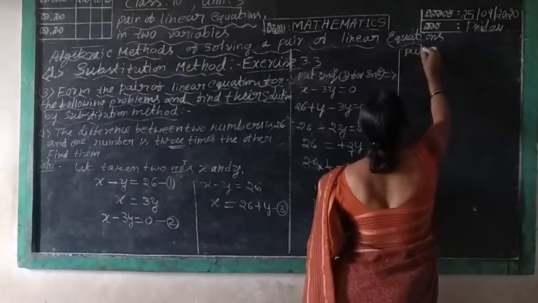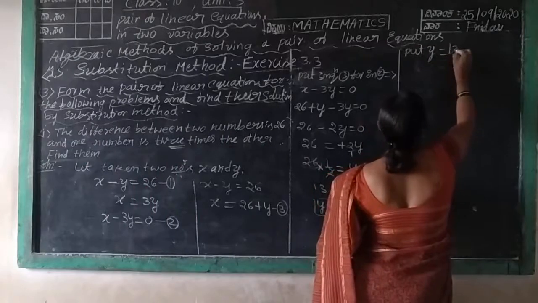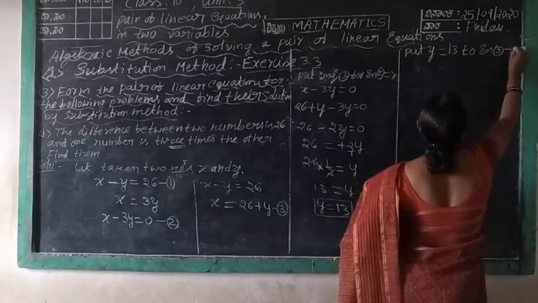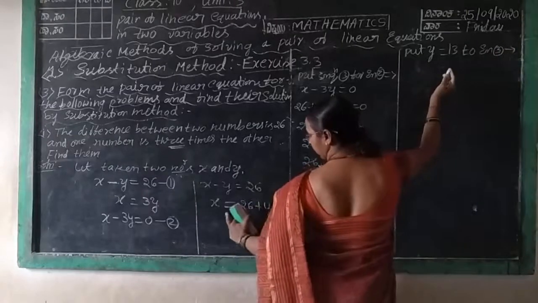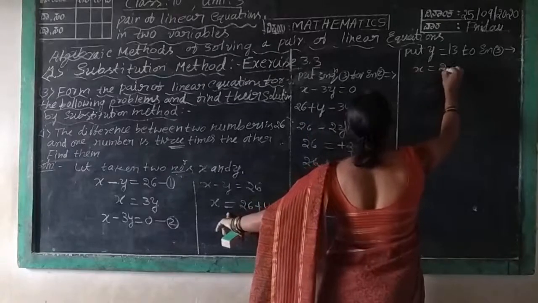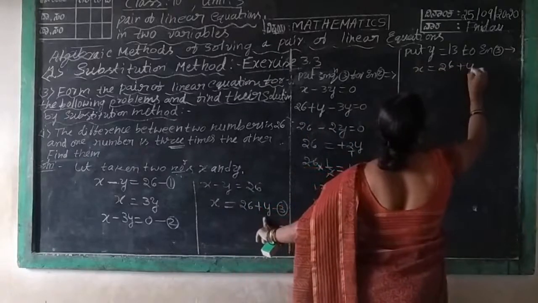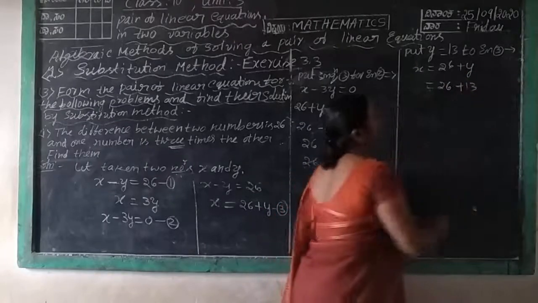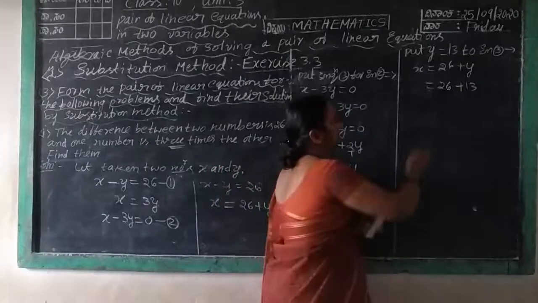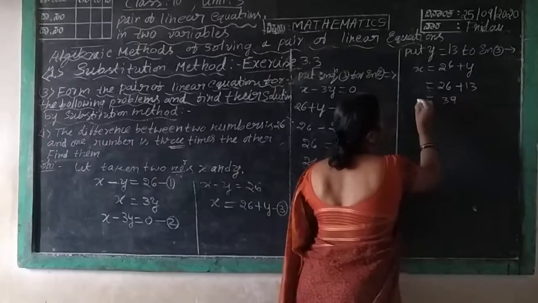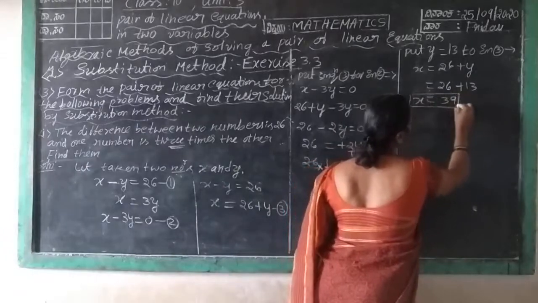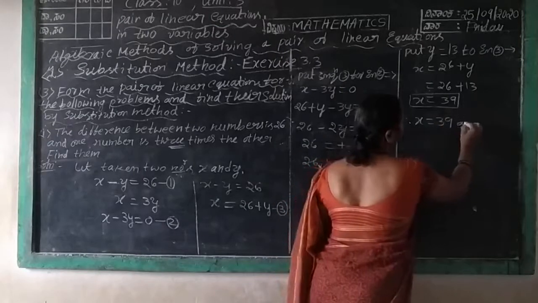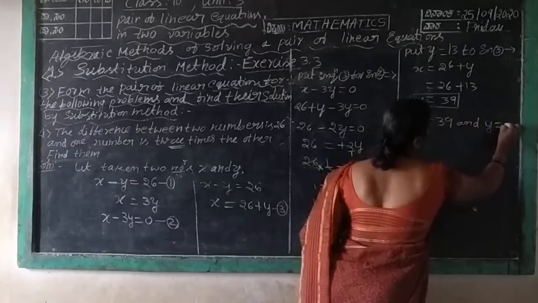So y is equal to 13 in equation 3. It becomes x is equal to 26 plus y. Then 26 plus the y value 13, add this, we will get 39. The x value is 39. Therefore we find x value is 39 and y value is 13.